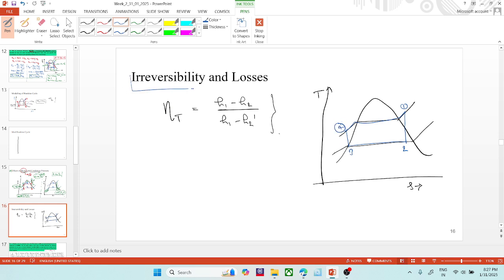By the introduction of some irreversibility and losses, these isentropic processes wouldn't be like this. Some entropy would increase and the process would be like this. It's not compulsory that it would be limited to this line.